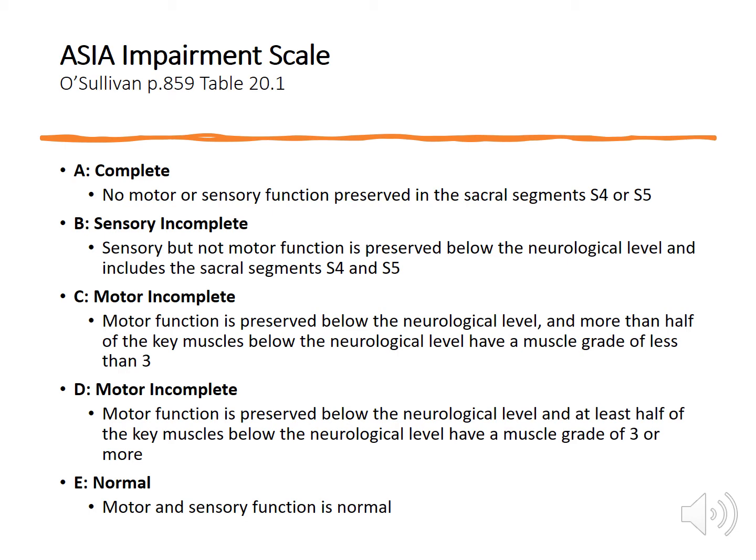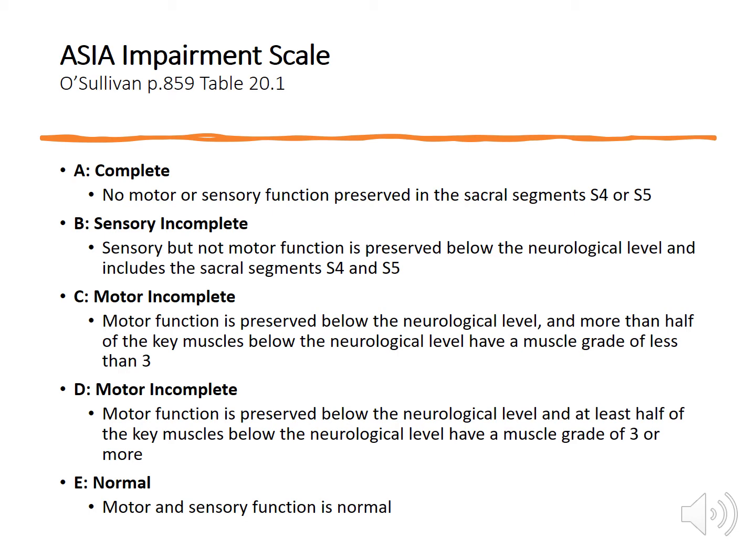So an example, using that same case that we've been using, this patient we classified as a C5, has a 3 out of 5 at the biceps, but now everything below that level, so we'll say the wrist extensors are a 3 out of 5, the trunk is a 3 out of 5, but we cannot use those levels as the most caudal level because everything above that is not a 5 out of 5.